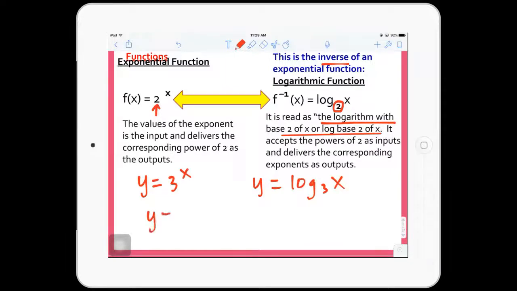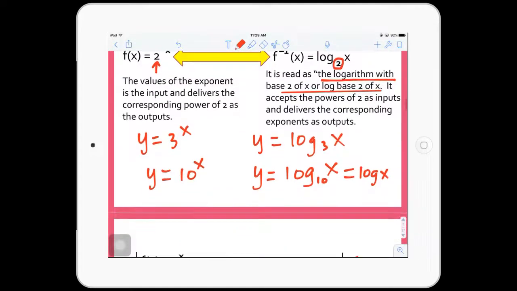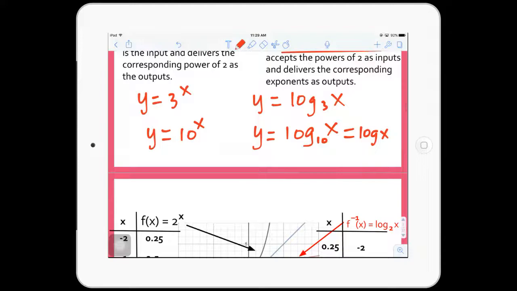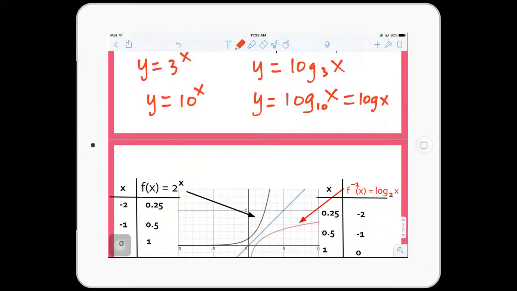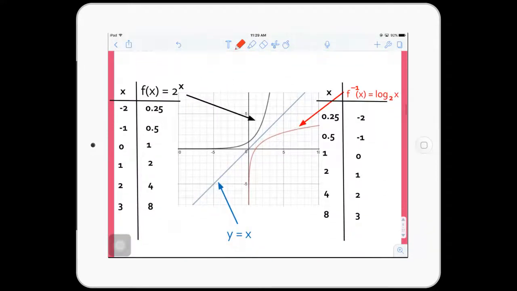Same thing with y equals 10 to the x, the inverse of that is going to be y equals log of x, and without anything, it's just base 10. So we can say log of x or log base 10 of x. So either one of them. These are just some examples. There are many more exponential functions, and the inverse is the logarithm.